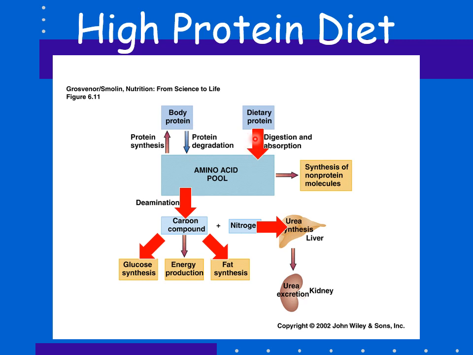And therefore, to balance out this big red arrow here, we need a corresponding increase in the rate of deamination to maintain that amino acid pool at a constant level. And therefore, under high protein diets, you deaminate a lot of amino acids, producing glucose and also fat. And in addition to that, the excess nitrogen is synthesized into urea and excreted.